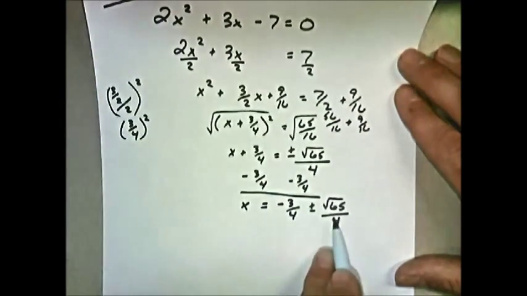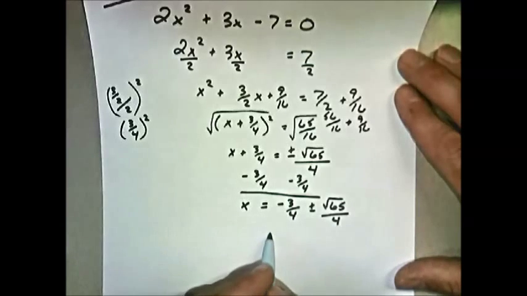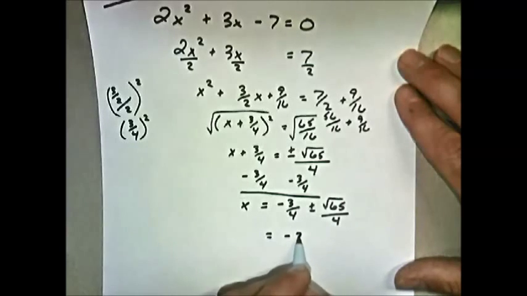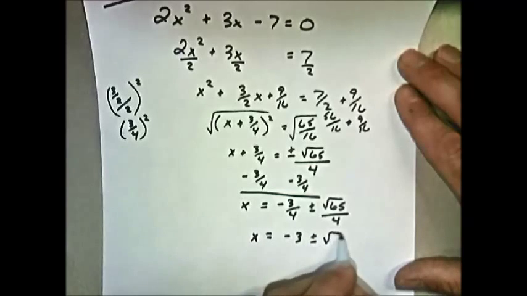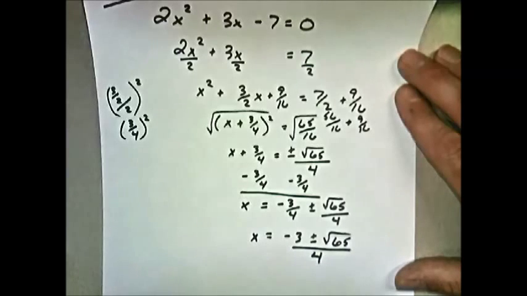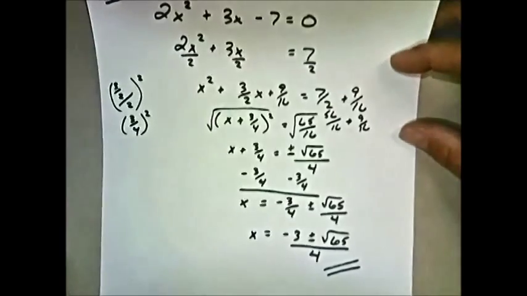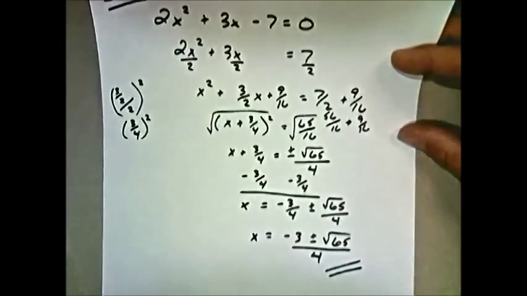Notice our denominators are the same again, so we can go ahead and combine this and say x equals negative 3 plus or minus the square root of 65 over 4. And that's our final answer, since 65 is not reducible. If it were reducible, we would go ahead and reduce it.